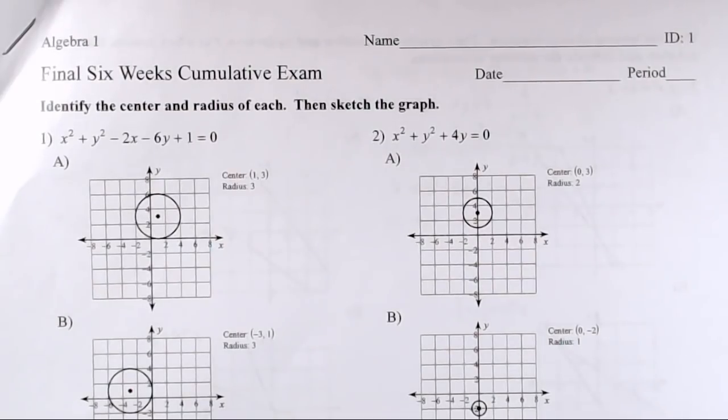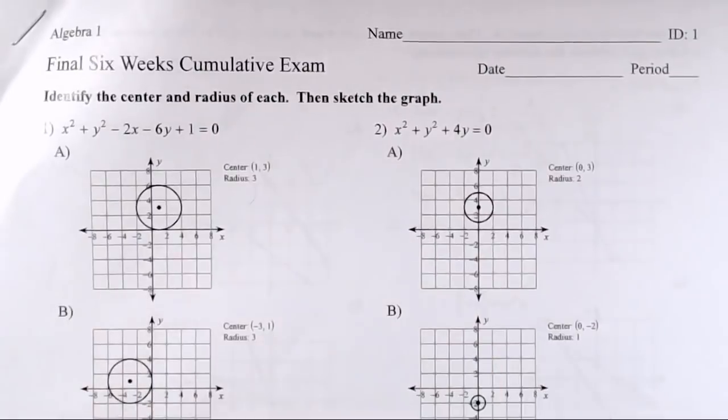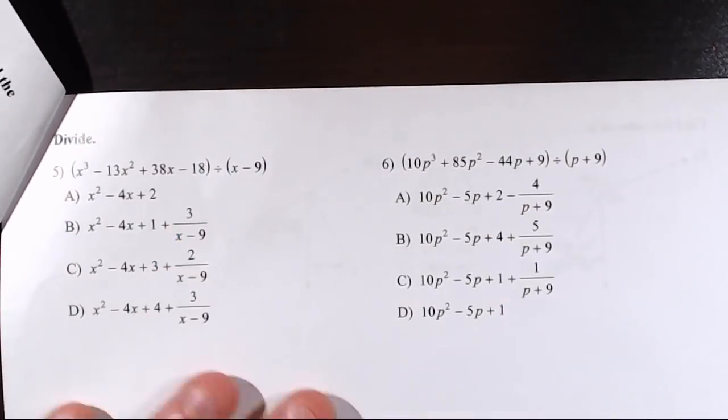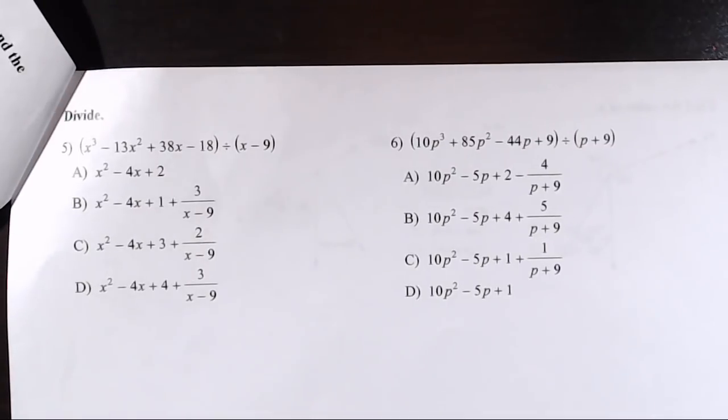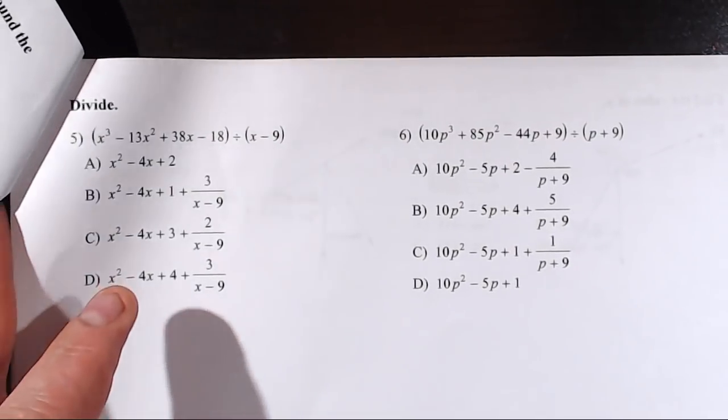Not much. Most of these problems here come from the end of geometry, and these problems here come from Algebra 2. I simplified them to make them suitable for Algebra 1 or geometry.